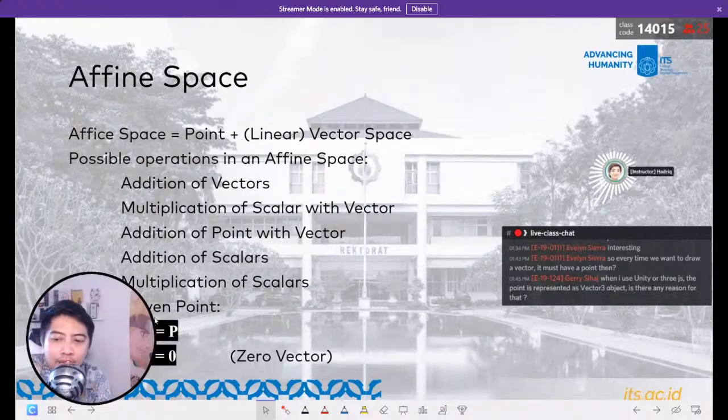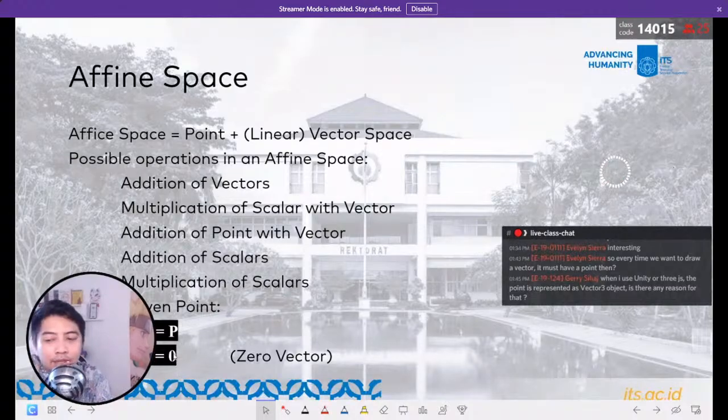Terus kemudian ada kejadian khusus juga. Misalkan di sini kalau kita lihat 1 multiply by P is equal to P, very acceptable, gampang dipahami. Nah sekarang 0 multiply by P, titik kalau dikalikan 0, ternyata hasilnya juga 0. Dan ini kita sebut sebagai null vector atau zero vector.